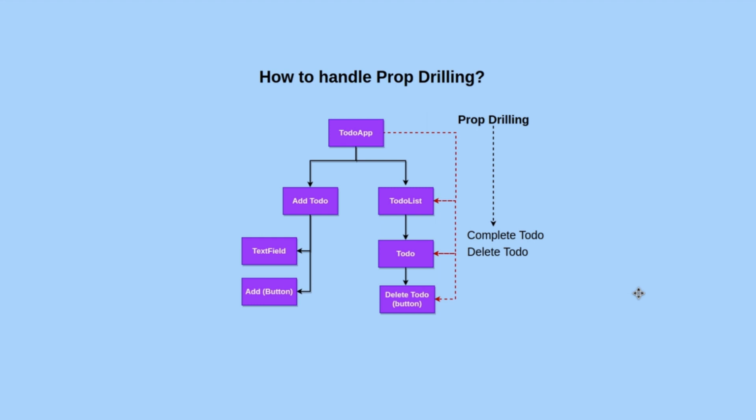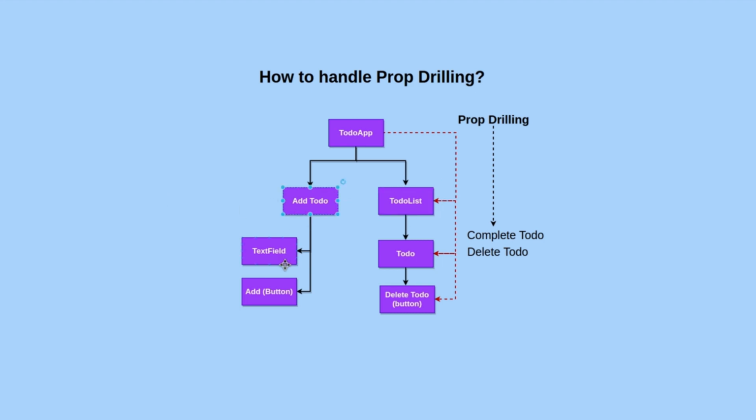Here I have converted that UI into this component structure. Similarly, you can see that we have a to-do app component, and it is going to contain two components, add to-do and to-do list.